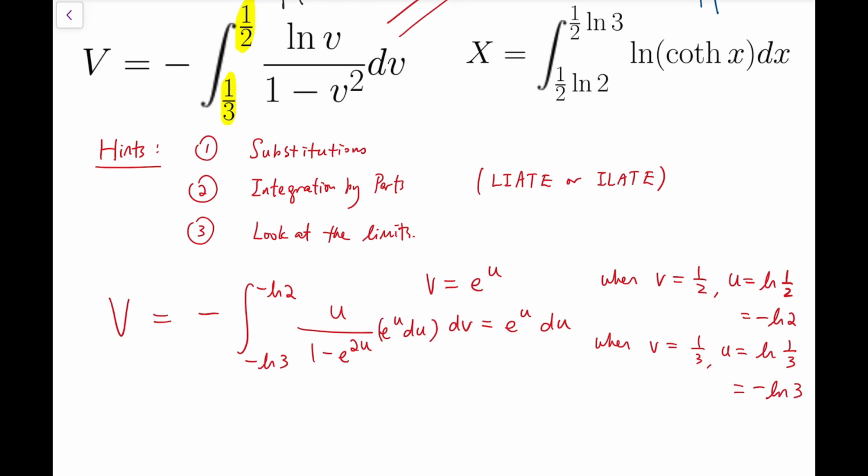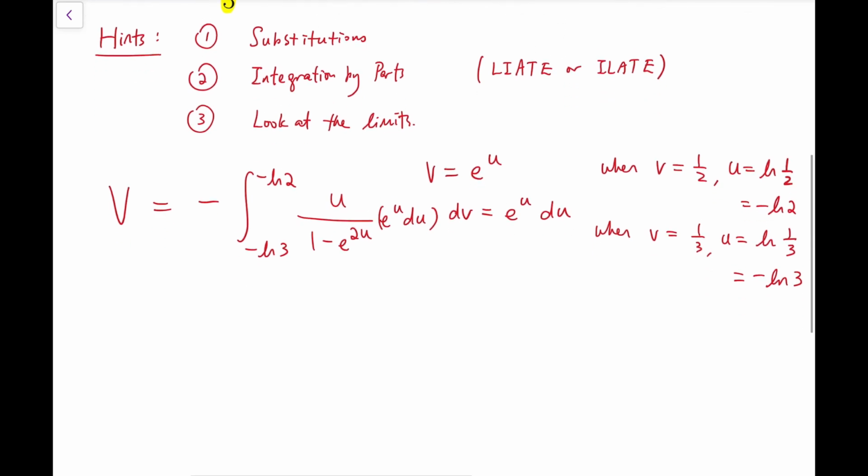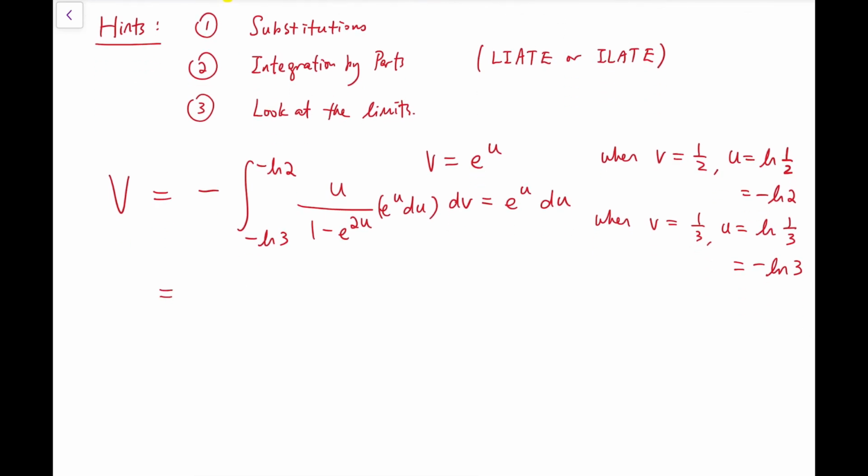So that's the new integral. Now we can simplify that a bit, and in fact it becomes minus of the integral from minus log 2 to minus log 3 of u over e to the minus u minus e to the power u du.